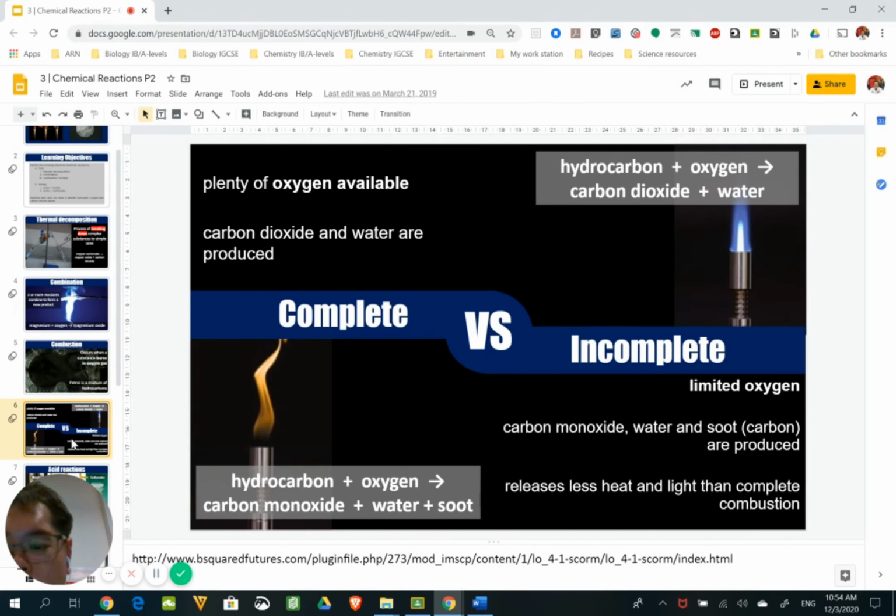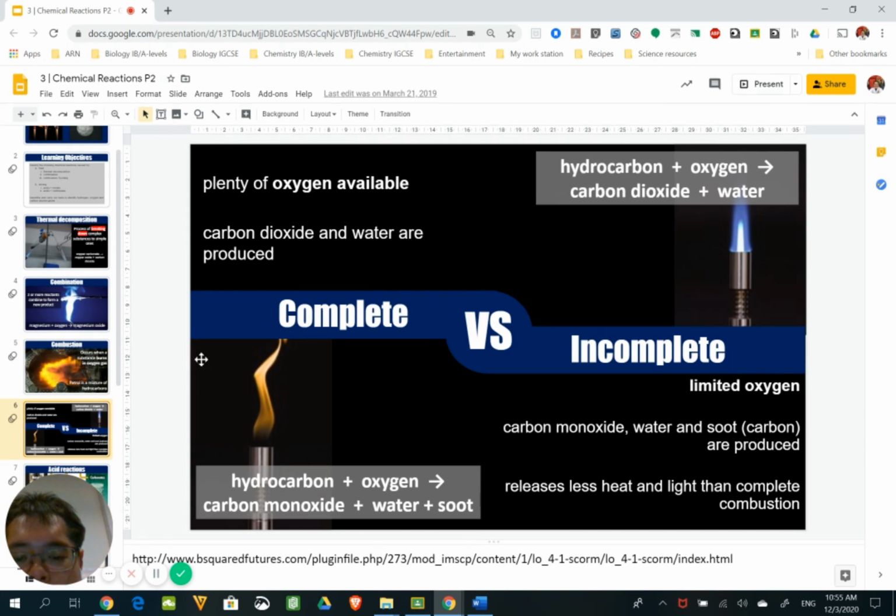Now there are 2 types of combustion: complete combustion and incomplete combustion. Just have a look at the 2 equations. What is the difference? If you can spot the difference, you can see that soot is produced when a combustion here is incomplete. All right, so I think this will be a little bit confusing for you. So the top part here is the complete combustion.